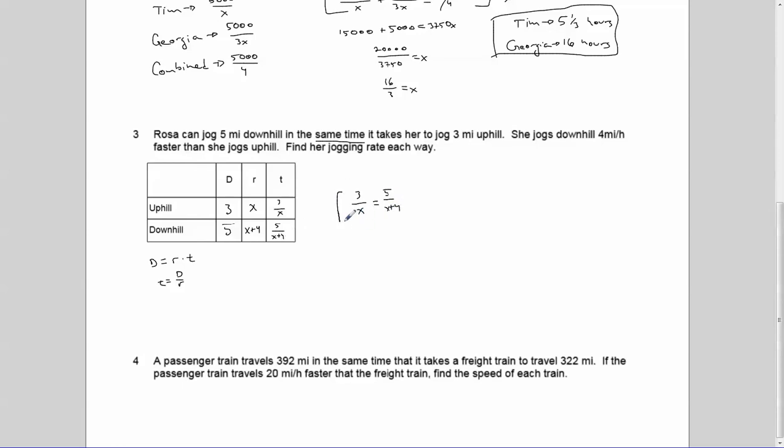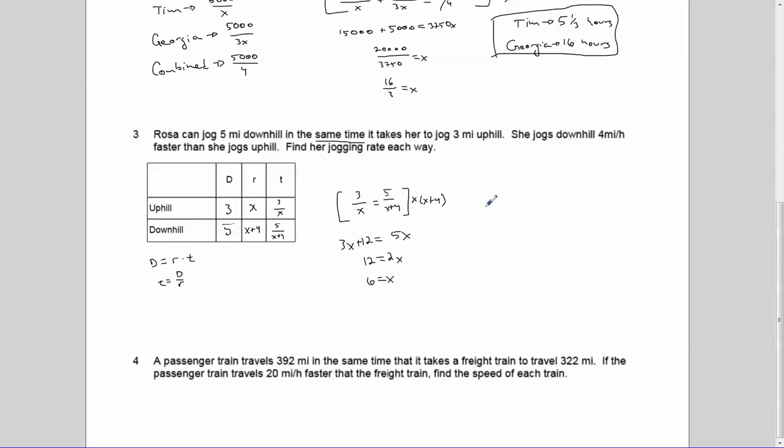So now we have a rational equation that we can solve. We'll clear the denominators by multiplying by x times x plus 4, which gives us 3x plus 12 is equal to 5x. So 12 is equal to 2x, and 6 is equal to x. X we decided was the rate to jog uphill.